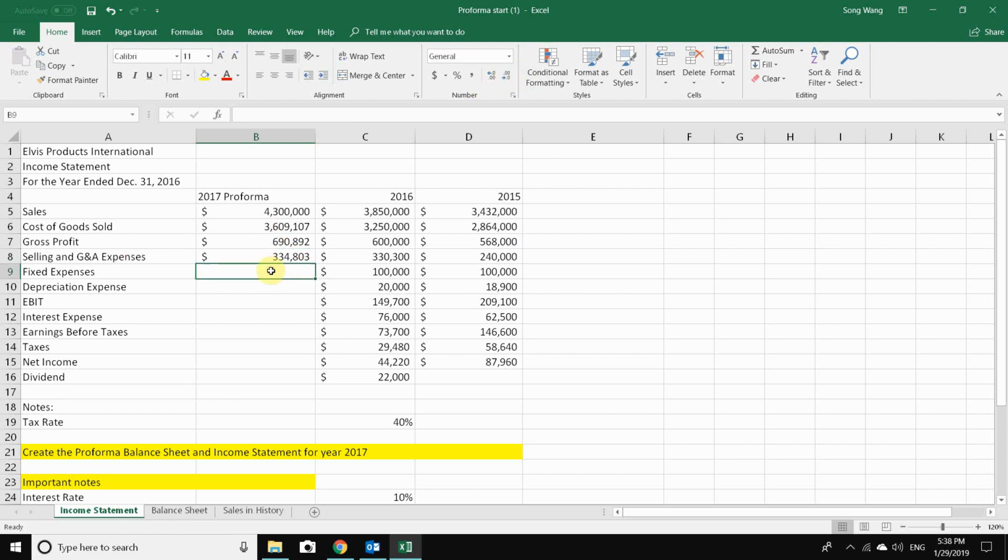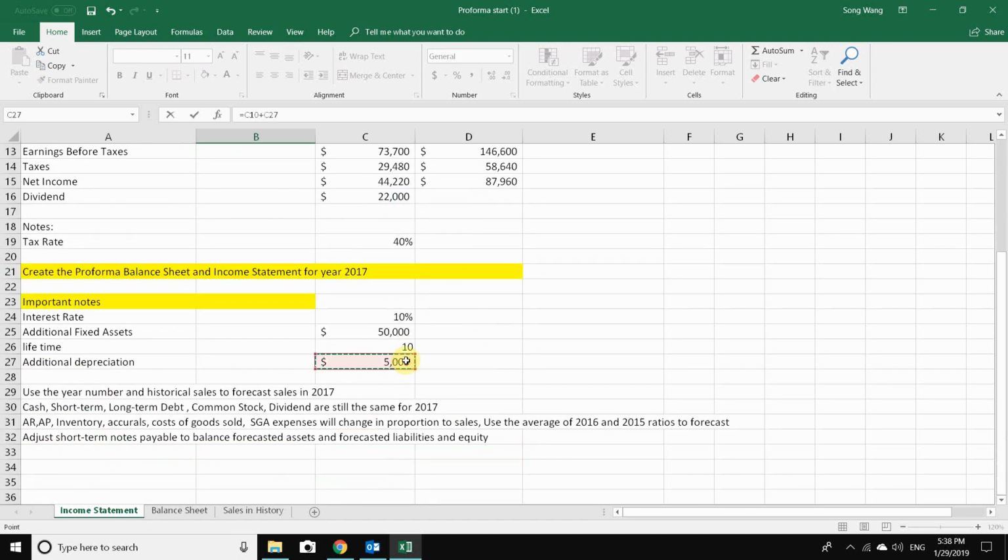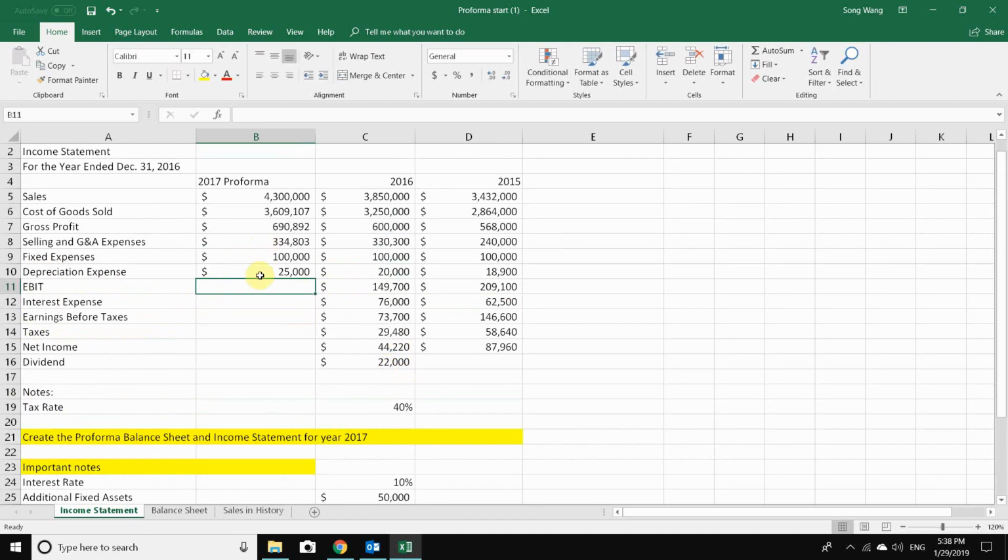Okay, the fixed expense is still the same, and depreciation expense is the existing depreciation that is happening each year plus $5,000 more depreciation. Okay, so that's 25. So EBIT is your gross profit minus the sum of the three expenses.